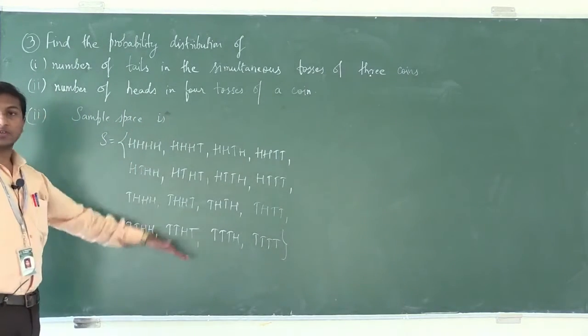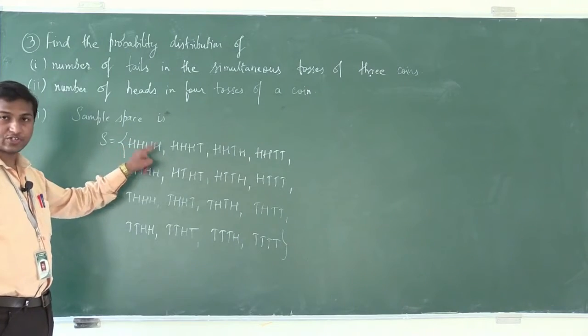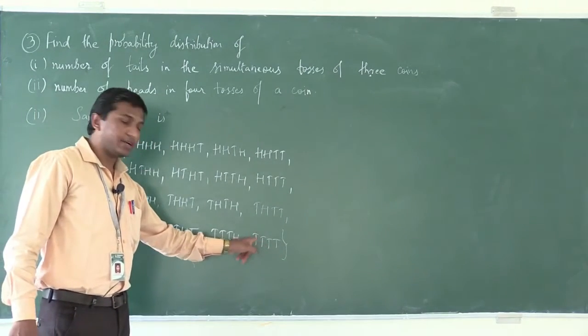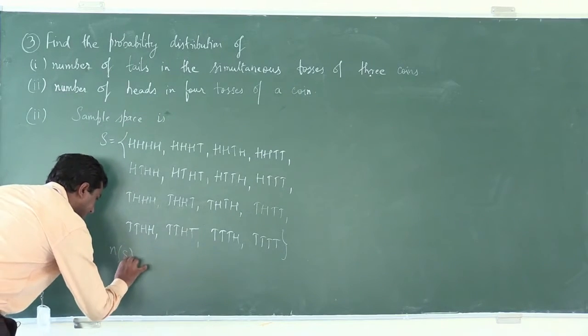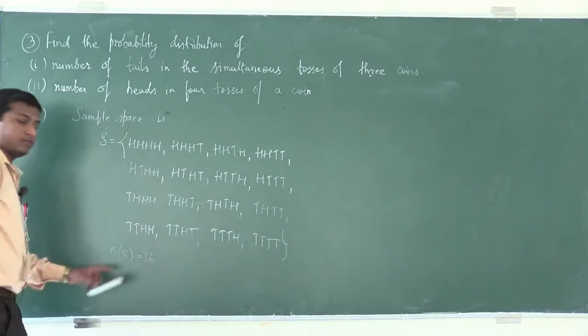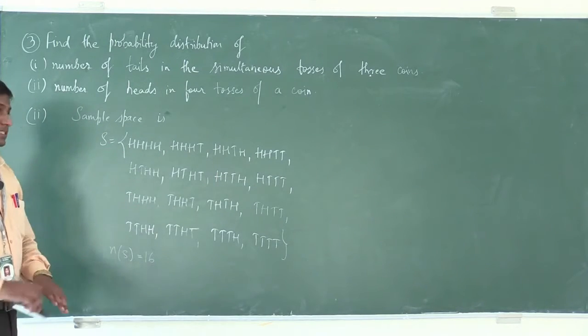Okay, so I have written 16 outcomes starting from H up to T. So I will just write n of S equals 16. We have a total of 16 outcomes and I have written the sample space.